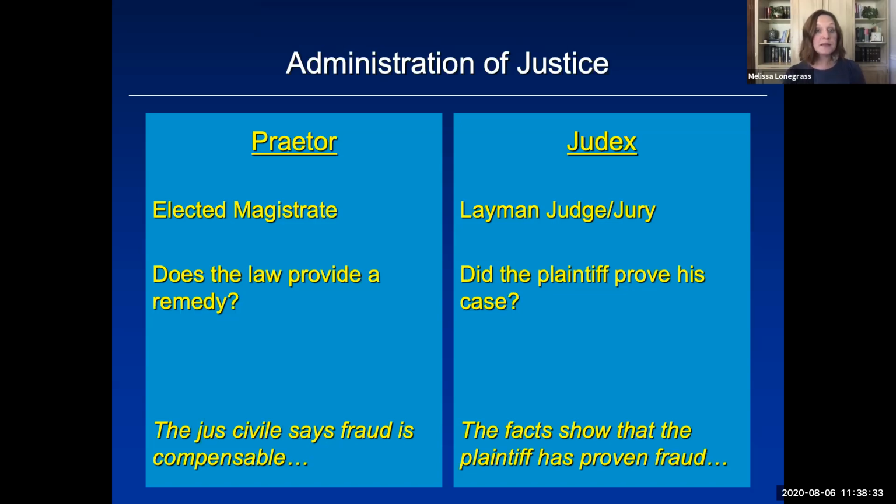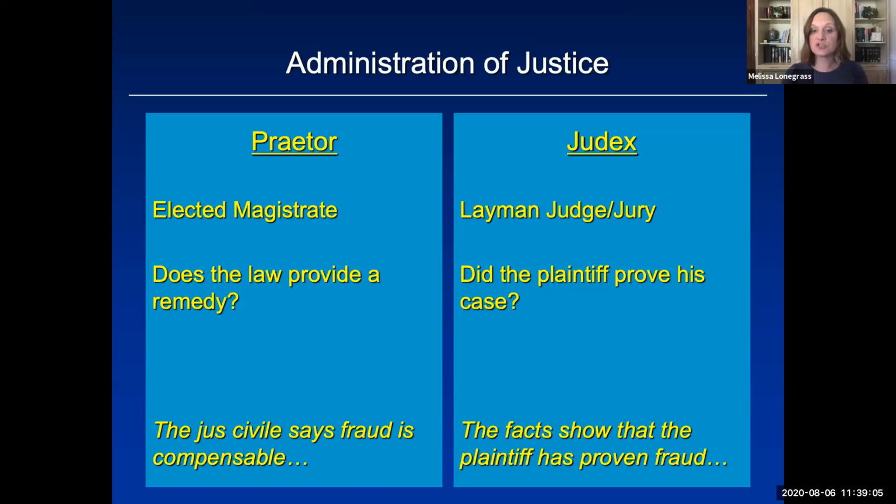The praetor would hear the complaint of an aggrieved citizen and consider whether, assuming what the citizen said was true, the law could hypothetically grant some relief to that litigant. Said another way, the praetor had to decide whether a remedy existed for the type of grievance that the litigant was complaining about. In the language of modern civil procedure, we would say that the job of the praetor was to decide if the plaintiff had a cause of action.